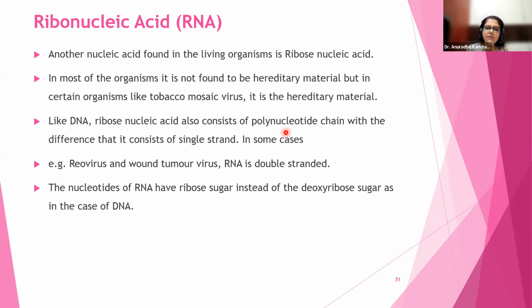The nucleotides of RNA have ribose sugar instead of deoxyribose sugar, as in the case of DNA. I think the majority of you remember the difference between the ribose sugar and the deoxyribose sugar. Can anyone tell me, in DNA, which carbon has one oxygen less?